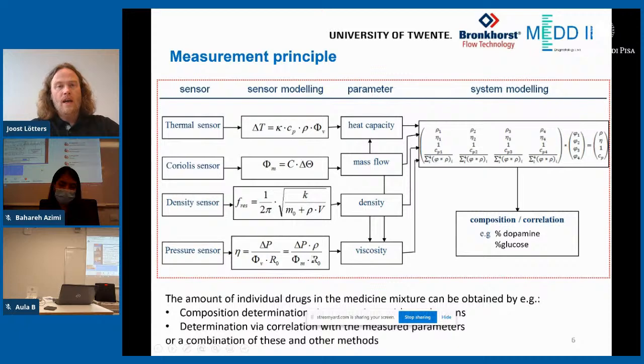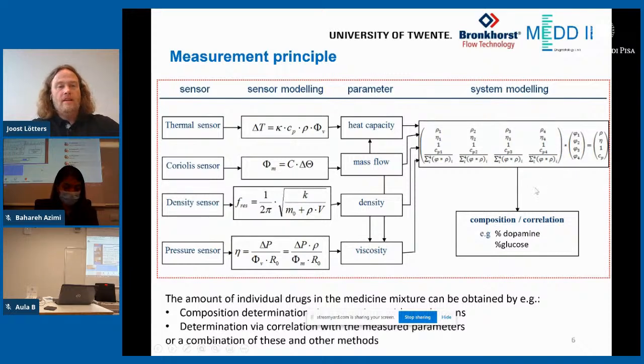For that you need flow and density, which you get from the Coriolis sensor. On the other side, a thermal sensor can give you information about the heat capacity of the mixture, combined with the flow rate and the density. If you input all these data in the system, you can determine the composition by solving the 4 equations with 4 unknowns. So in case you have 4 different drugs inside the mixture, you can tell the composition of all these drugs.